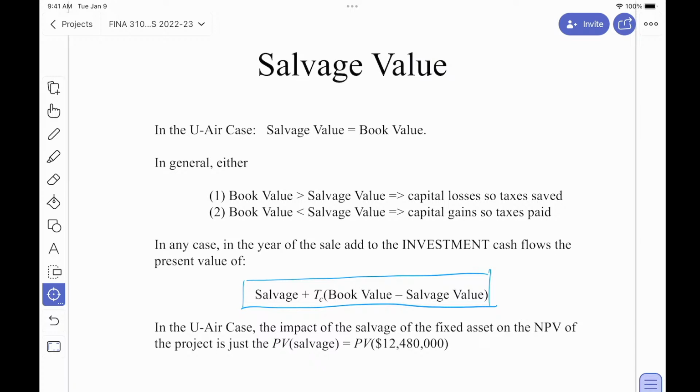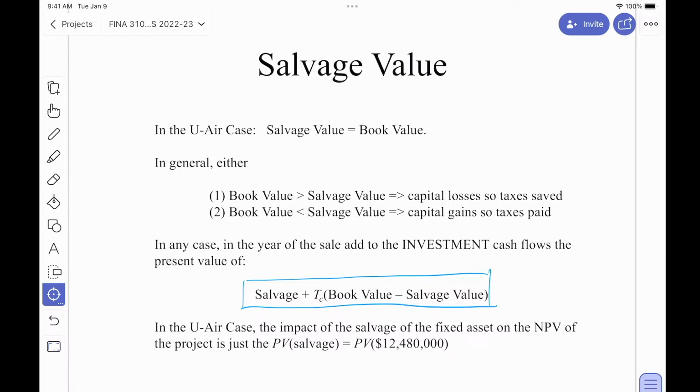So in the fourth year in this project, we're going to include on our investment worksheet salvage plus the effect on tax savings that result, remember, from depreciation.